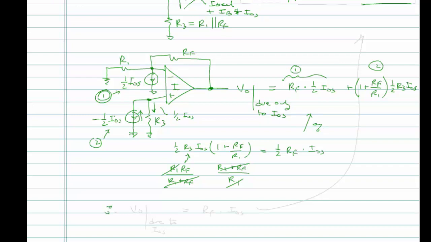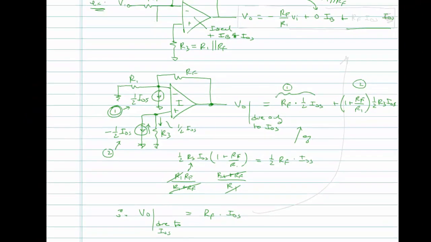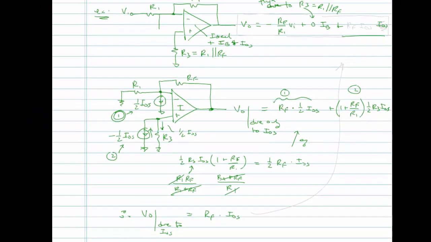So therefore we can write that VO due to IOS is equal to RF times IOS, because I have two 1/2 terms. So now I can write that up here. RF times IOS.